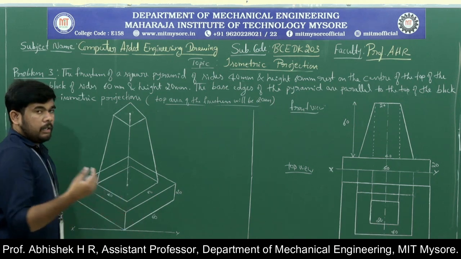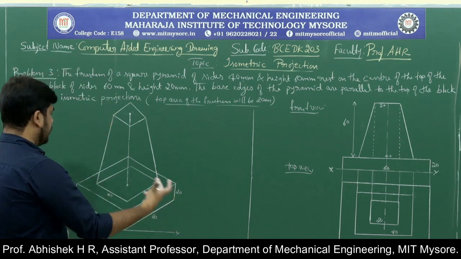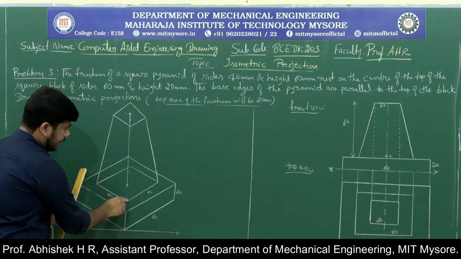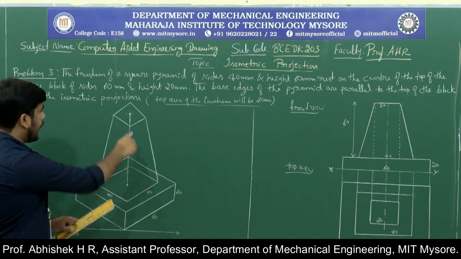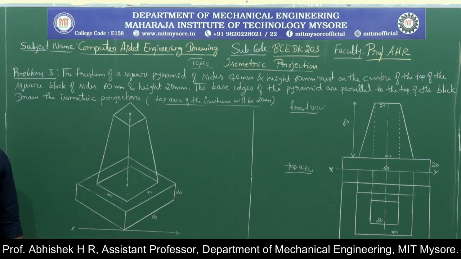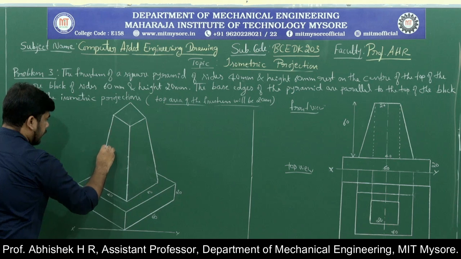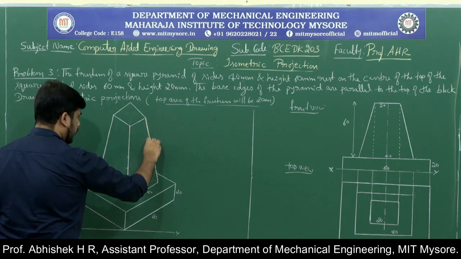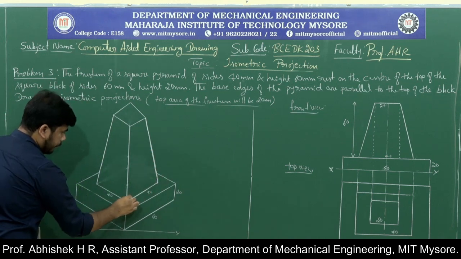And just for the appearance of this 3D view, we can extend this line here so that it is in the form of a proper square pyramid, and we can rub this area. We don't want this. You can clearly see the frustum of the square pyramid.